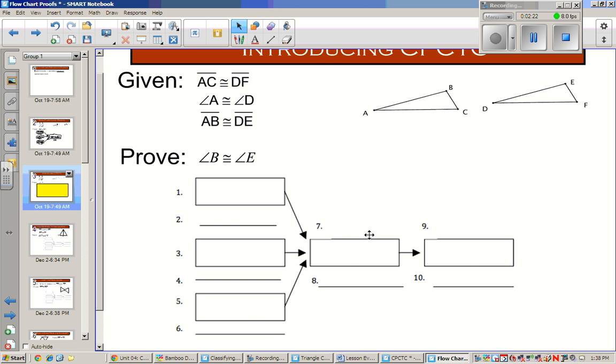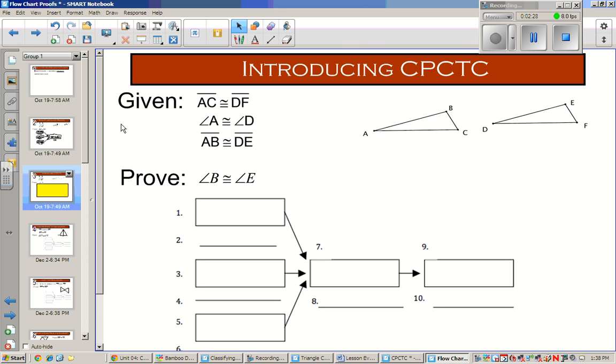Now, once you have things are congruent, sometimes you can find other pieces of information from them. So let's work our way through this. We know AC is congruent to DF, and angle A is congruent to angle D, and AB is congruent to DE. It's the same thing that we had before.